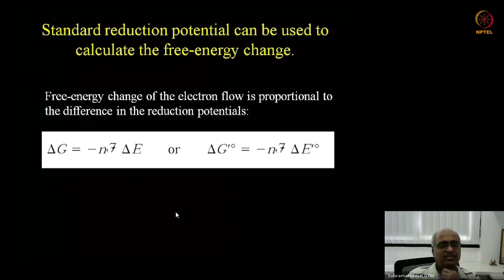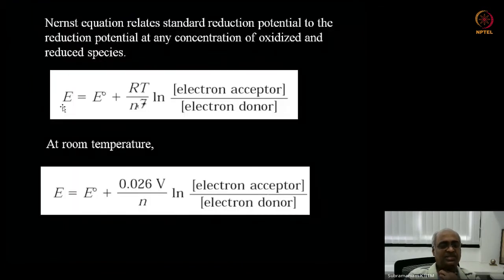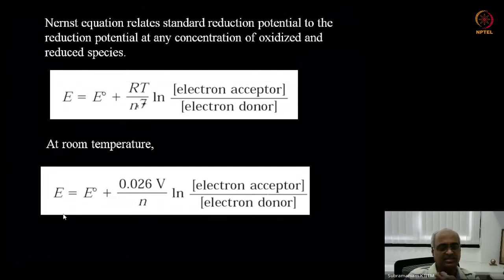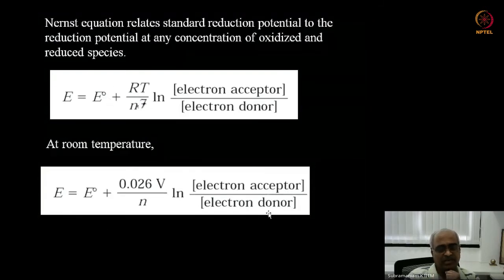Now the Nernst equation allows you to calculate the reduction potential at any concentration, provided you know the standard reduction potential for that particular pair.